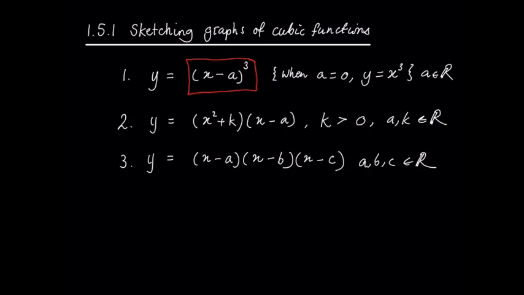In the second case, the function is expressed as a product of what's known as an irreducible quadratic factor and a linear factor. In the third case, we'll consider the function when it's expressed as a product of 3 linear factors.